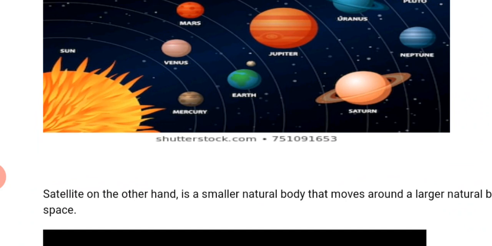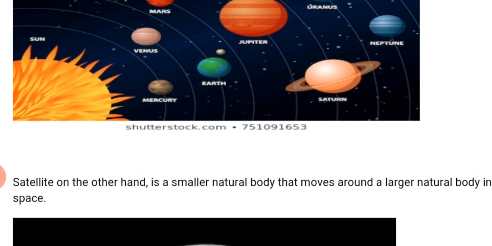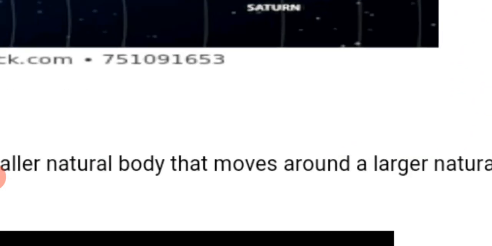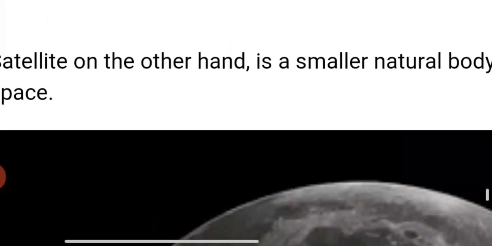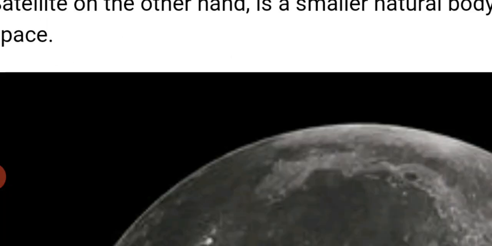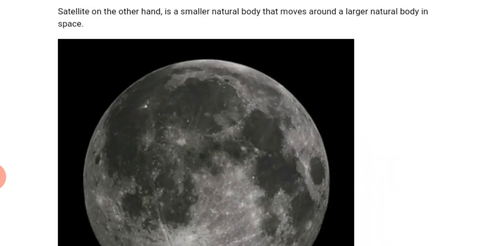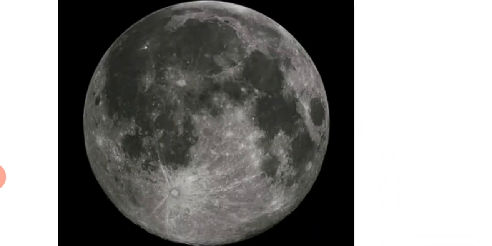And the satellite, on the other hand, is a smaller natural object that moves around a larger natural object in space, unlike planets. Planets are bigger than the satellites. An example of a satellite is the moon.